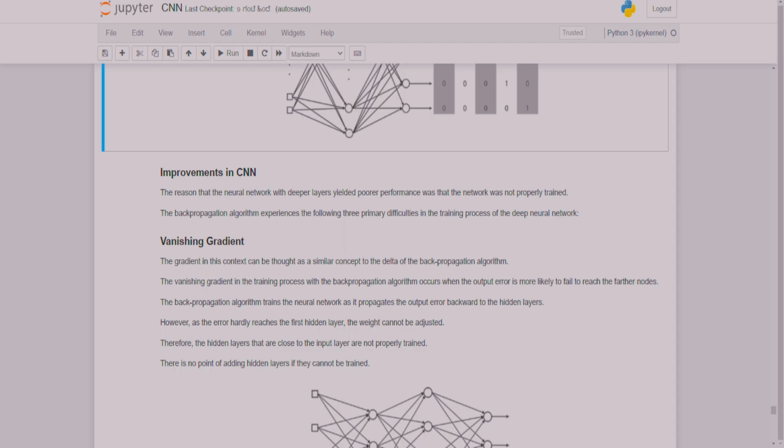Now we have enough background to comment on why we are getting more and more problems: the machine is not getting trained properly. That's the first point mentioned here. If you have a neural network and you increase the number of layers, the deeper layers yield poor results because the network is not getting trained properly.